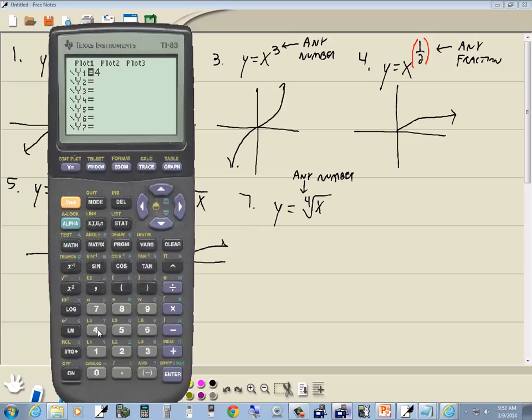So I'll put in my 4, then I'll go to my math, and we want to choose the fifth one. That's the one with the x for the index. So I choose it by pressing 5, the number that's in front of it. It does not put a beginning parentheses. You should put the beginning parentheses in always for this one. Then I'll put my x key, closing parentheses, and graph.